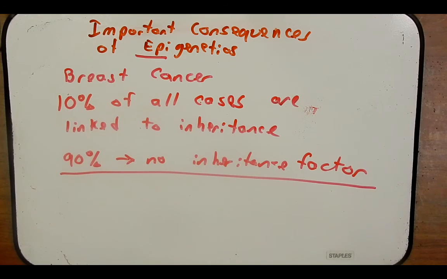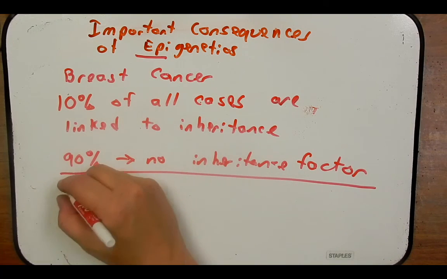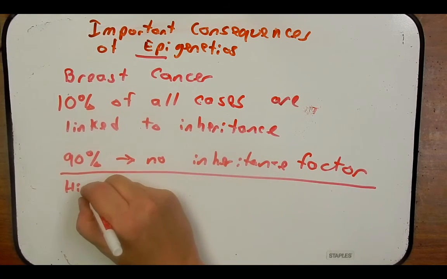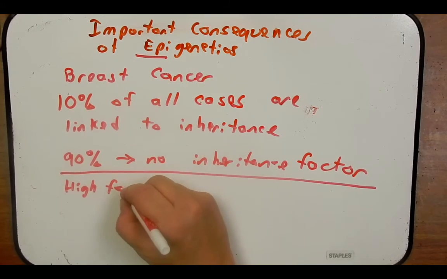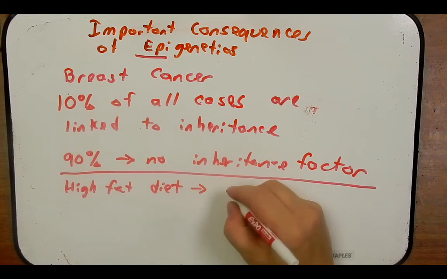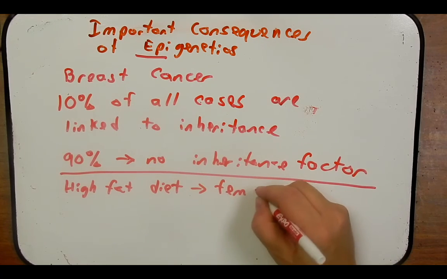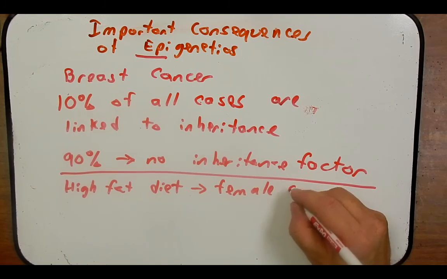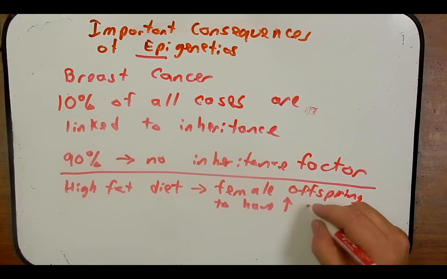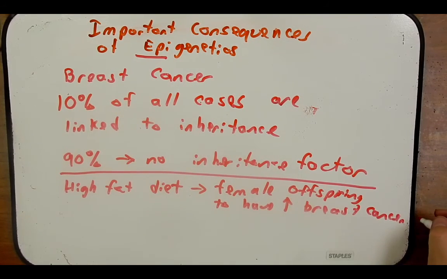So there have been a lot of studies on this. Your book briefly highlights a couple of them. One where they give mice or rats a high-fat diet, and this led to female offspring to have an increase in breast cancer. However, in this particular study, the next generation did not have that same effect.